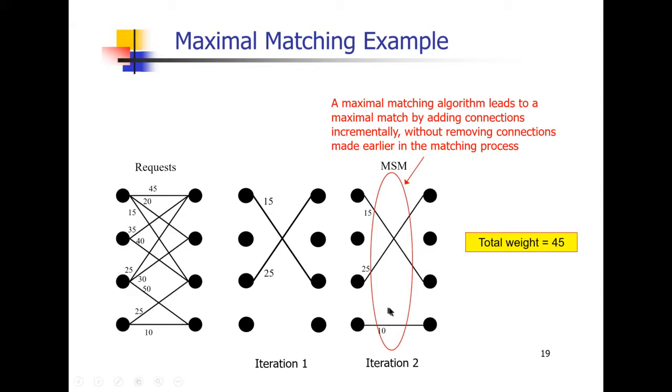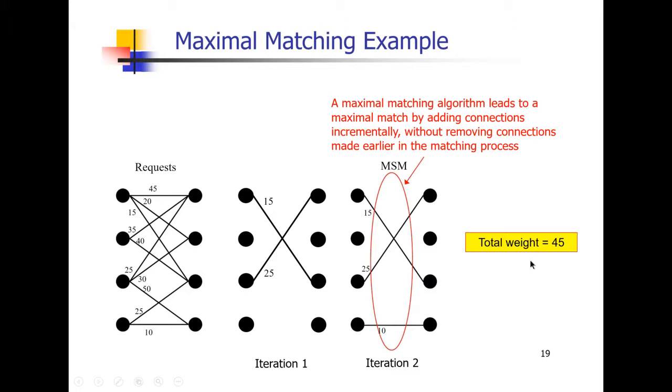So the condition to stop iterations is that you cannot add another edge to the set of selected edges. If we cannot add another edge, this is the final iteration, and the total weight is 45.